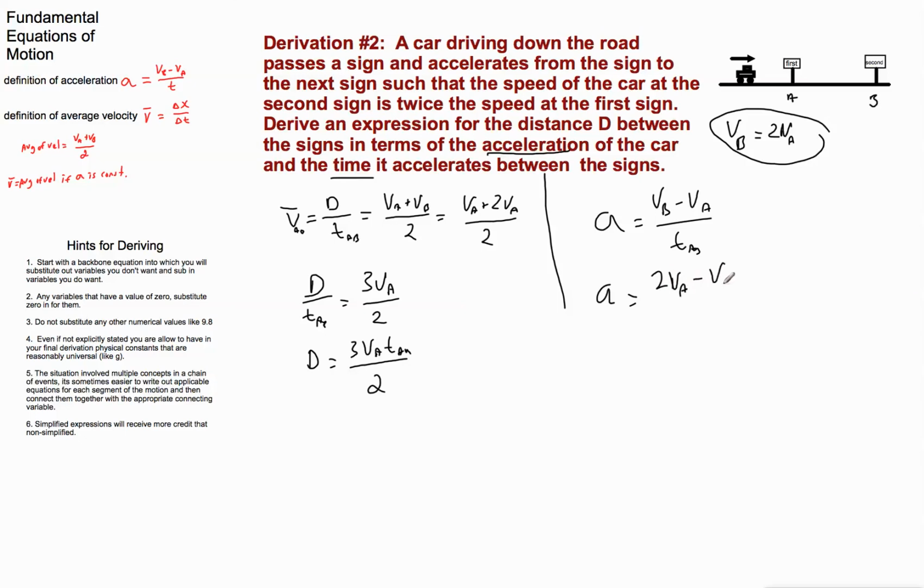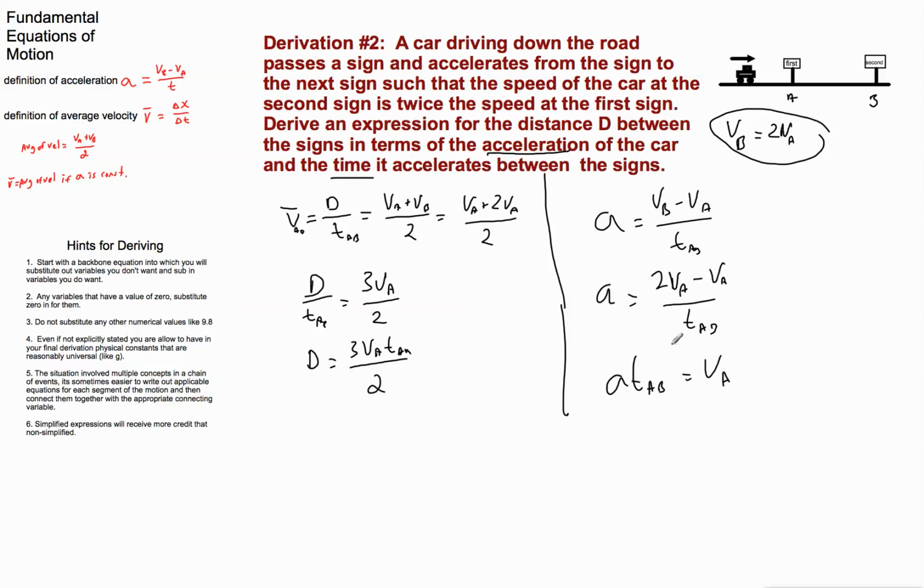So 2VA minus VA over the time from A to B. And then let's continue on. That's just VA. So a times time from A to B is equal to VA.